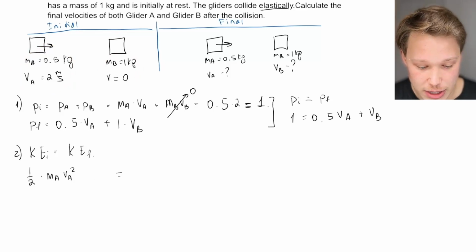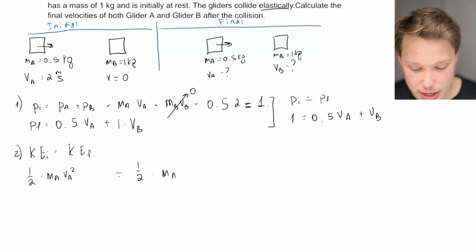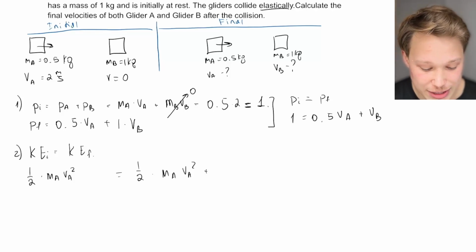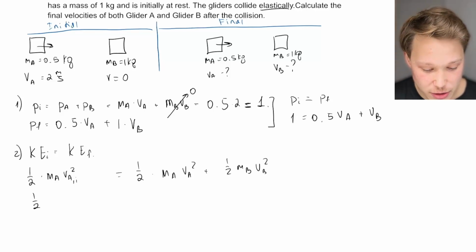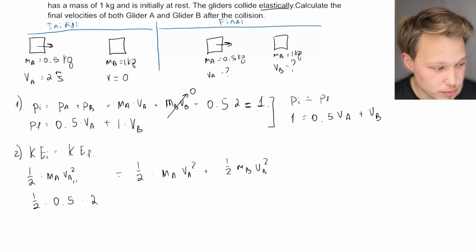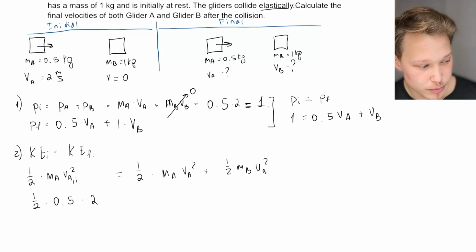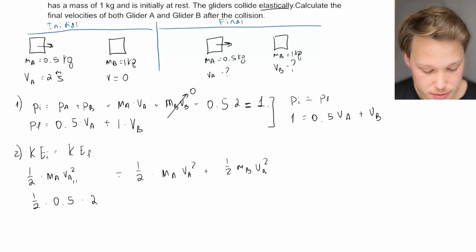And final is going to be 1/2 times mass of A times V of A squared, after the collision, plus 1/2 mB VB squared. Let's plug in the values. So mass of A is 0.5, and this is 2, and this is 2 squared.